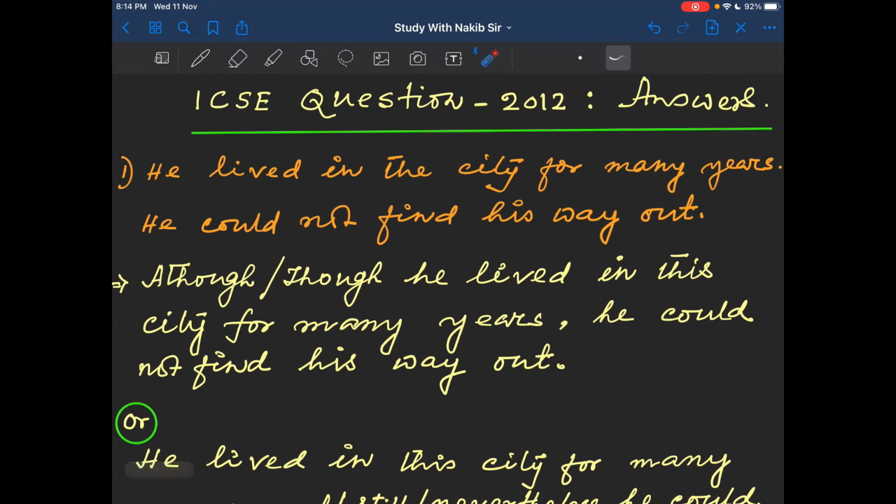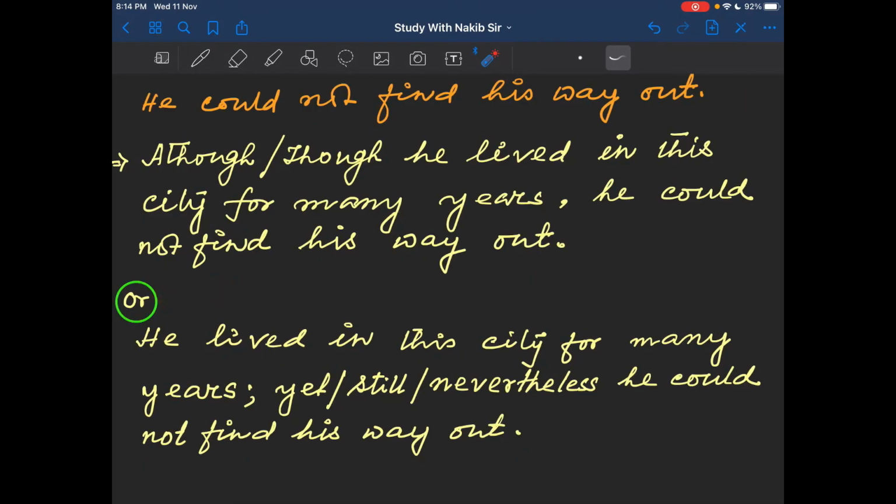So now see the first answer. Although or though he lived in this city for many years, he could not find his way out. This is a complex sentence. And now see the other alternative.